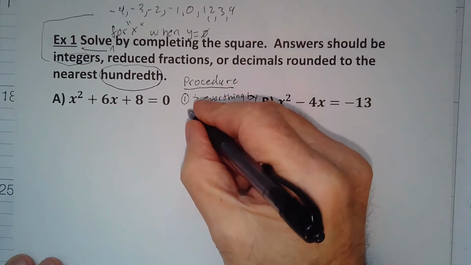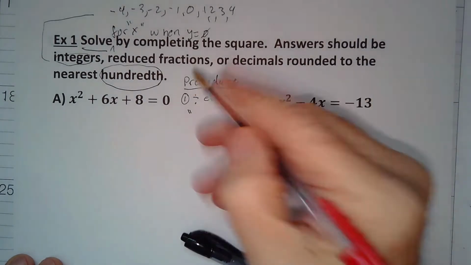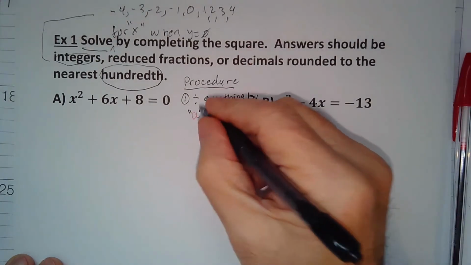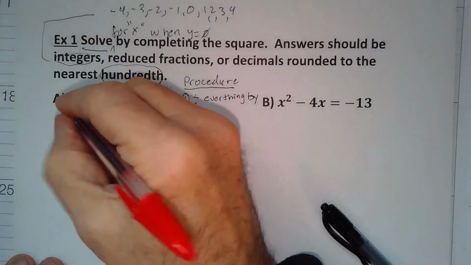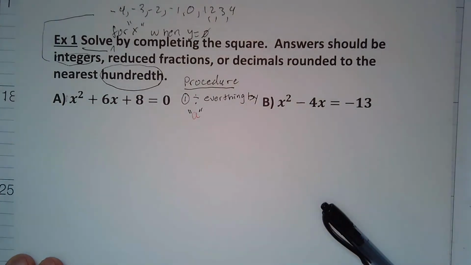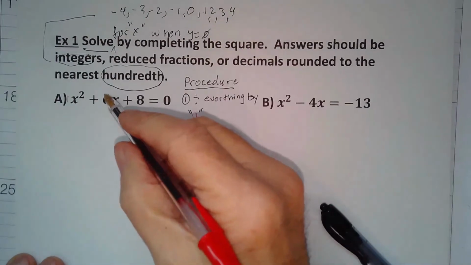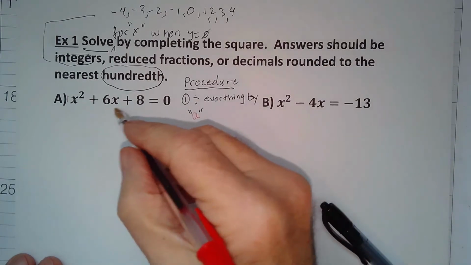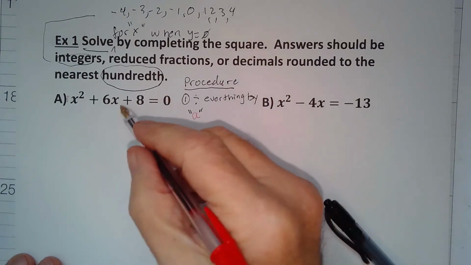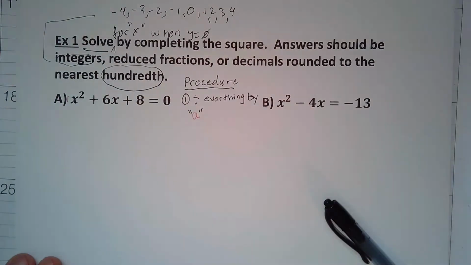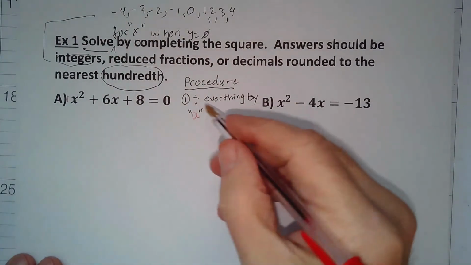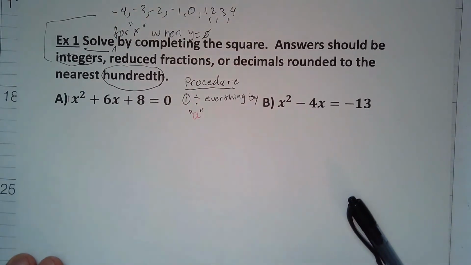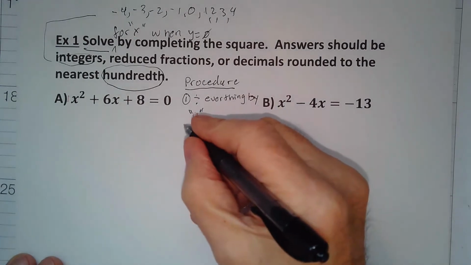Whatever your a is, you're going to divide everything by it. Here, of course, your a is 1, so it's not going to change. 1 divided by 1 is 1x squared, 6x divided by 1 is 6x, 8 divided by 1 is 8, and so on. But this is going to be necessary where you have some number other than 1 in the first term. So that's the first thing you're going to do.